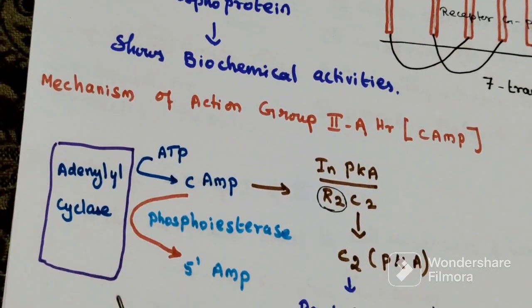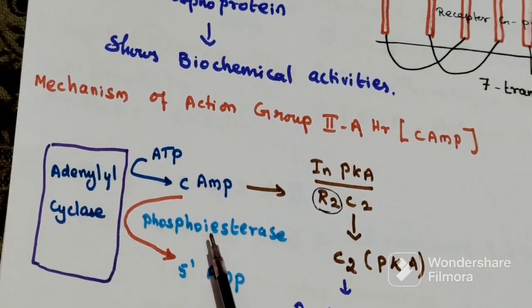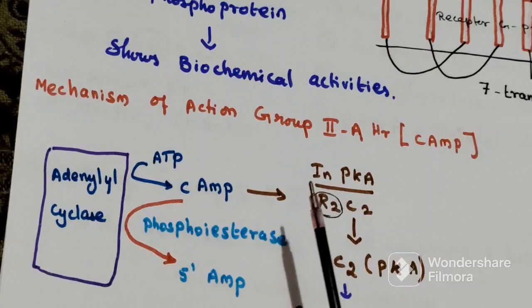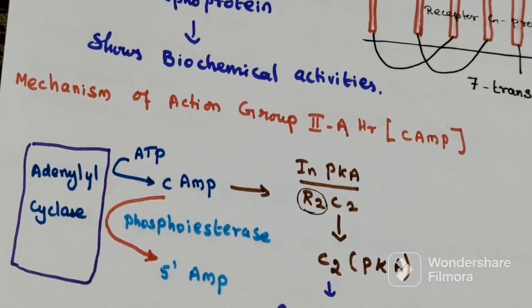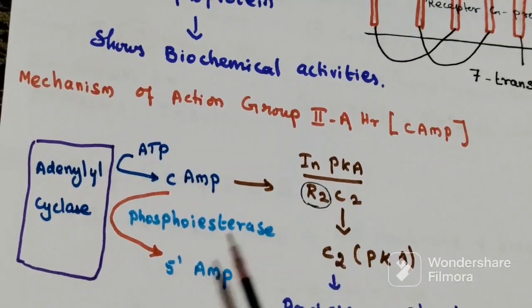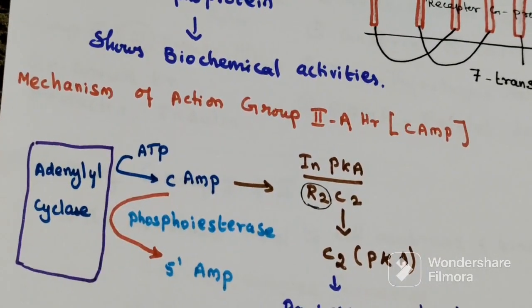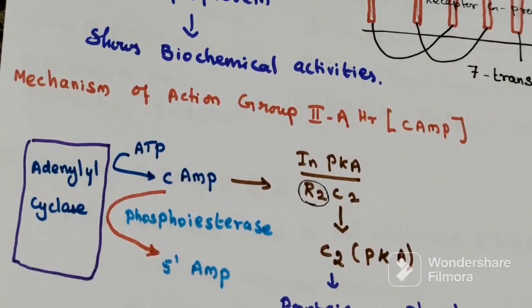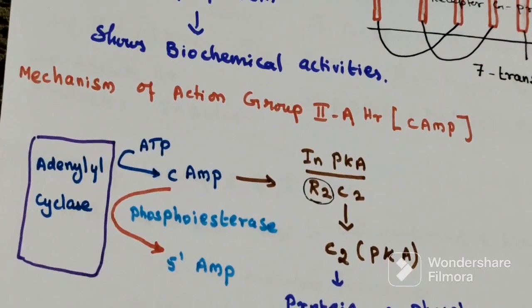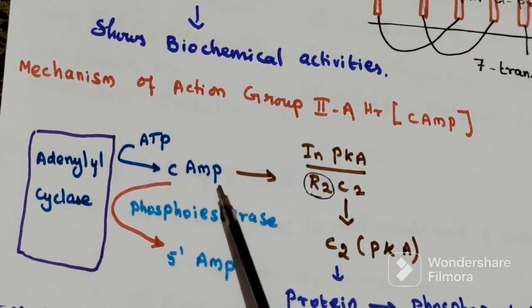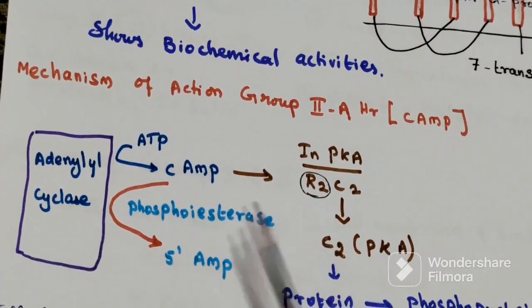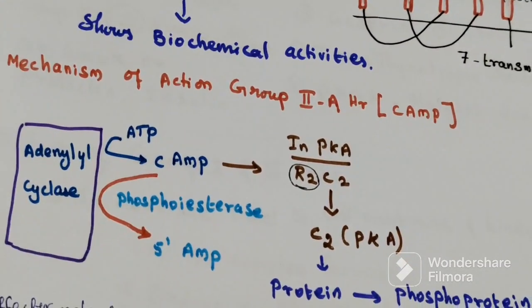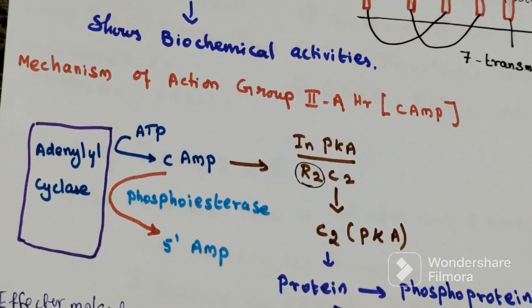Now this cyclic adenosine monophosphate acts on protein kinase, which is composed of an R2C2 unit. It is an inactive protein kinase. This cyclic adenosine monophosphate binds with the R2 subunit and causes activation of protein kinase.